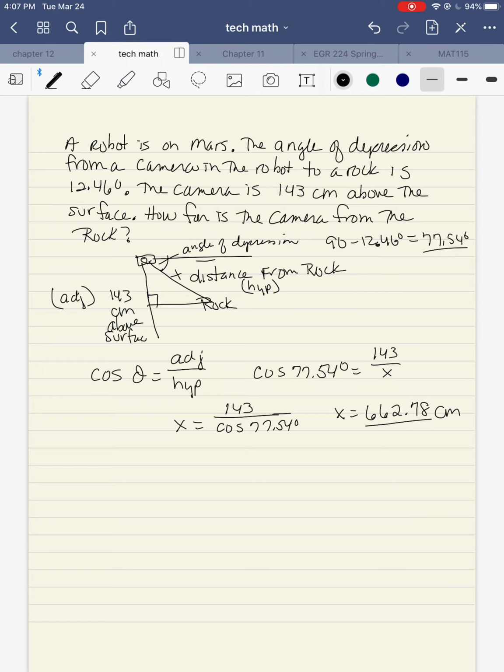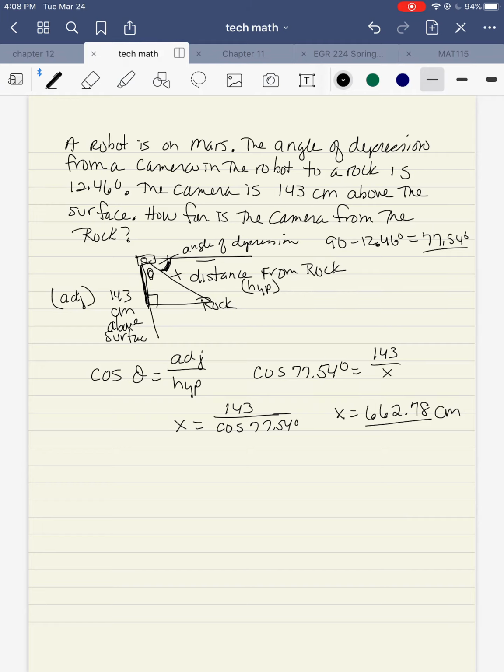So I draw my line of sight, and this right here is my angle of depression, but I really need this angle here. So I do 90 minus 12.46, that gives me 77.54. From the camera to the rock is the hypotenuse distance. This distance right here is 143 centimeters. That's how high up the camera is.